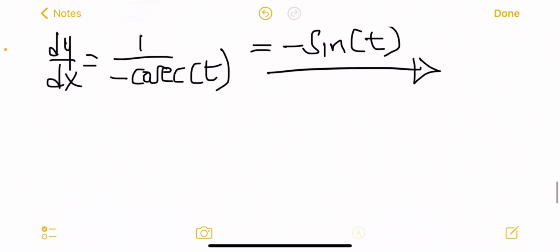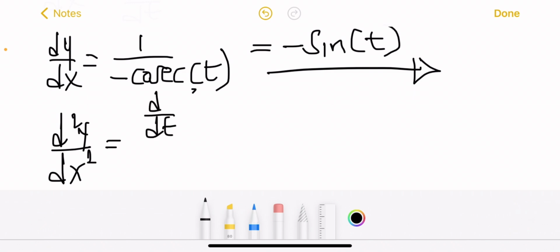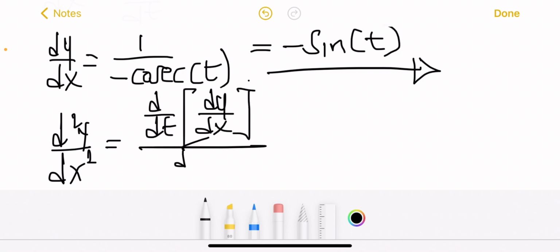We know that to find the second derivative, d squared y over dx squared is equal to d over dt of dy over dx, over dx over dt.